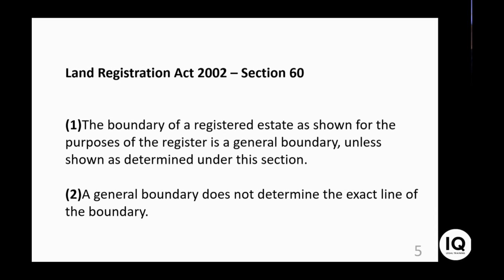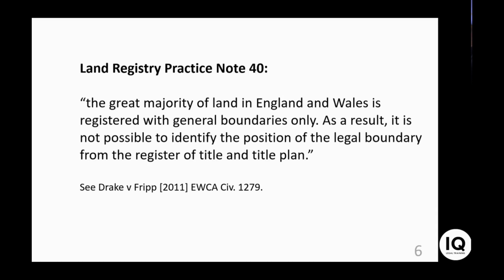So, Land Registry Practice Note 40: the great majority of land in England and Wales is registered with general boundaries only. As a result, it's not possible to identify the position of the legal boundary from the Register of Title and Title Plan.